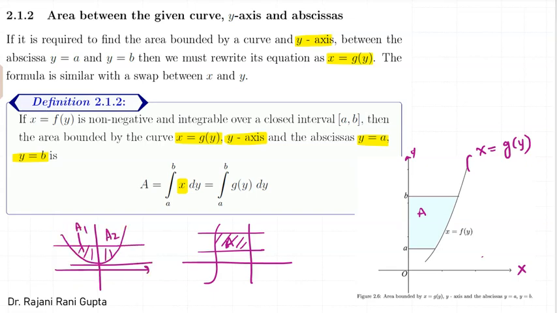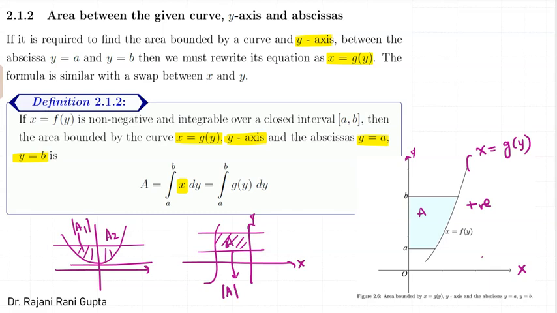So what we are going to do in this case is, when it is on the right side, it is positive. When it is on the left side, this is your x-axis, this is your y-axis, in this case we use the mod. And if it is on both sides, we divide it into two parts, similar to the previous case. We take the value of A1 to be mod and A2 as it is.